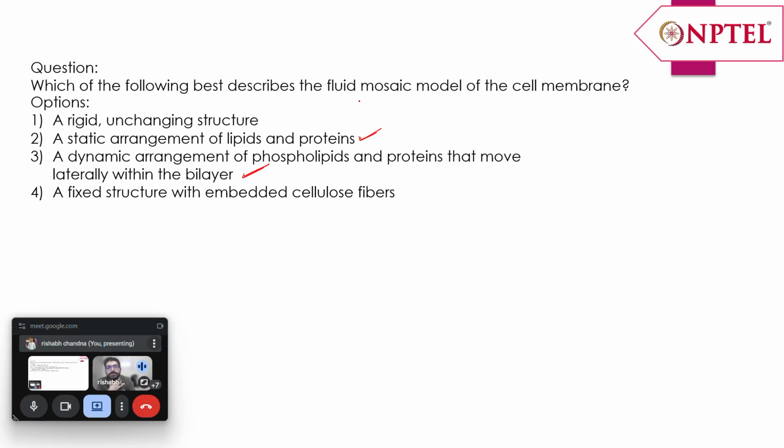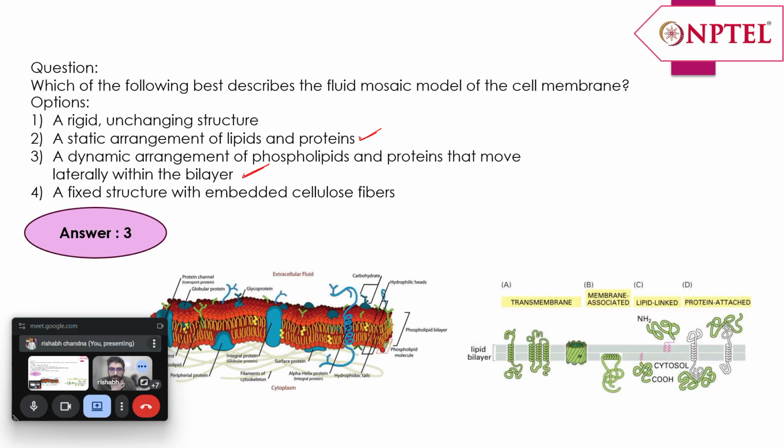Okay, so the correct answer is option number three, that is a dynamic arrangement of phospholipids and proteins that move laterally within the bilayer. The fluid mosaic model basically depicts that the cell membrane or the plasma membrane is a lipid bilayer that has hydrophilic heads outside and the hydrophobic tails inside.